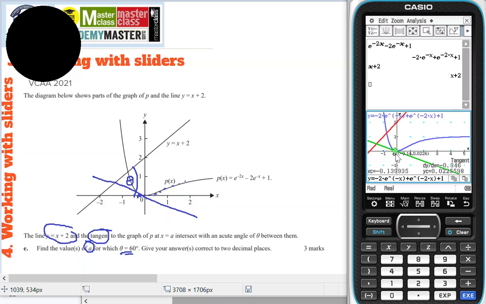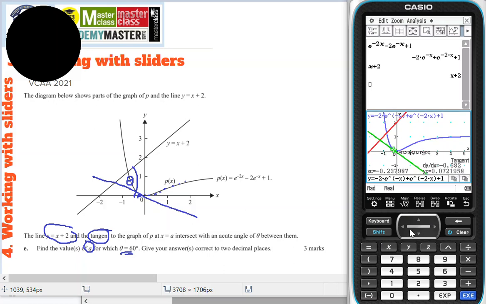So I reckon there's going to be an answer somewhere around about there, at around about negative 0.13 or 14, because that looks to be about a 60-degree angle. And as I go around, this angle is getting bigger and bigger. It looks as if it is around about 90 degrees there.